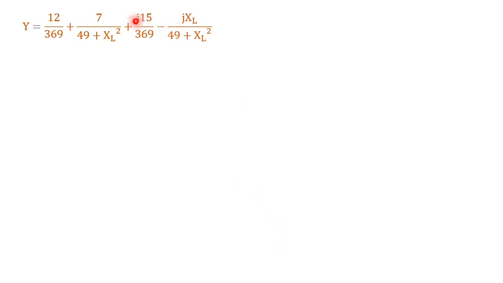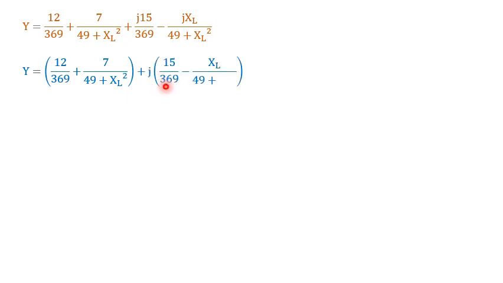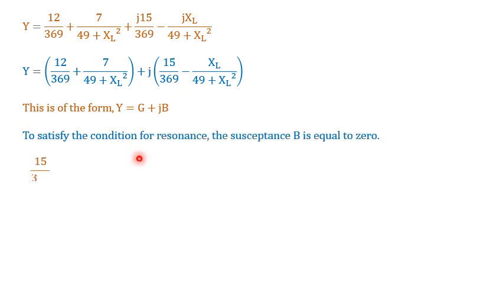So the imaginary terms are brought to one side, and you take J outside, you get this value. And now we are interested in this susceptance only, the coefficient of J. So equate that to 0 for achieving the condition of resonance.